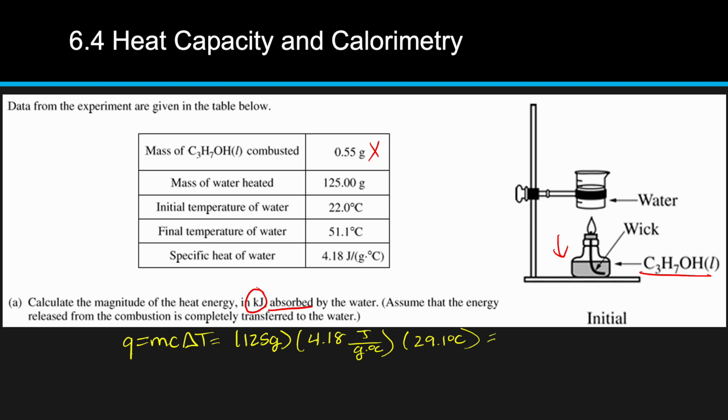And then we can go ahead and solve for Q. That is going to give us a value of 1.52 times 10 to the 4th joules. However, it wanted that in kilojoules, so we're going to divide that by 1,000. So our final answer is 15.2 kilojoules. And I apologize for my dog snoring in the background.